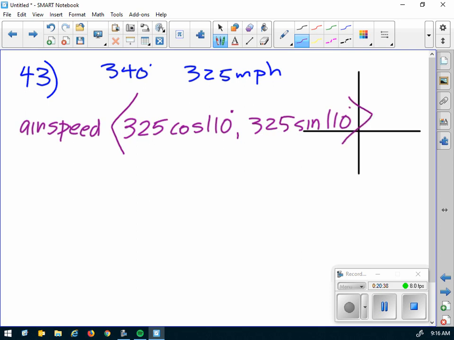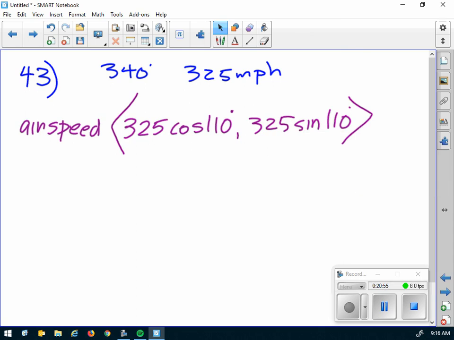We've just written a vector for the plane with no wind pushing on it. Do you understand where that came from? Everybody okay there? Okay.